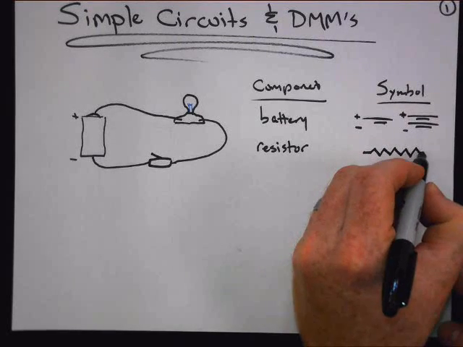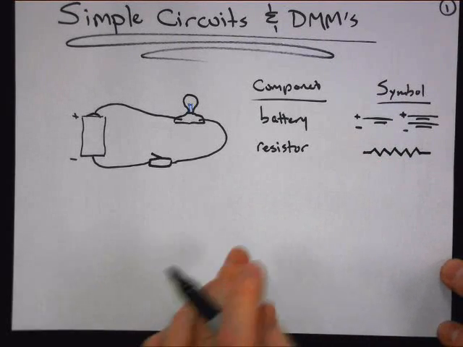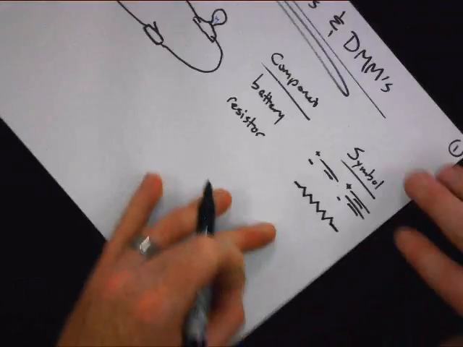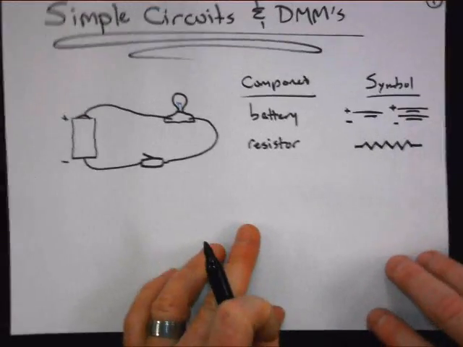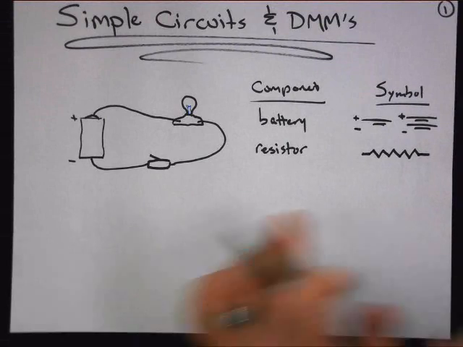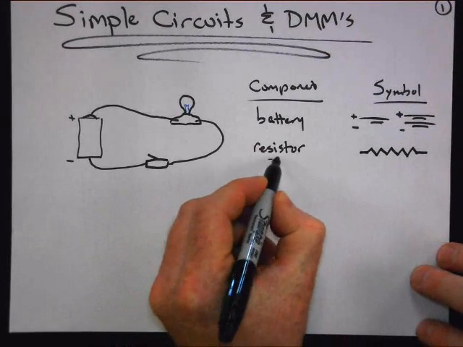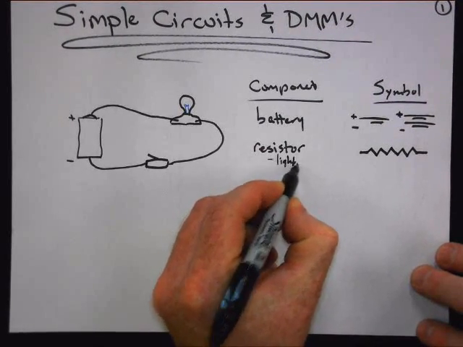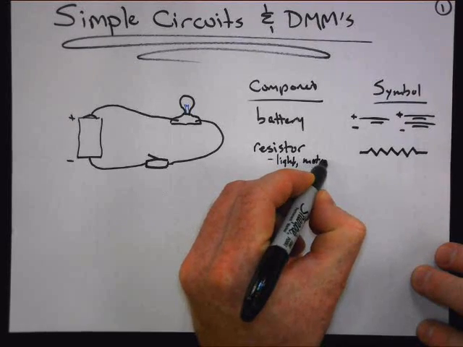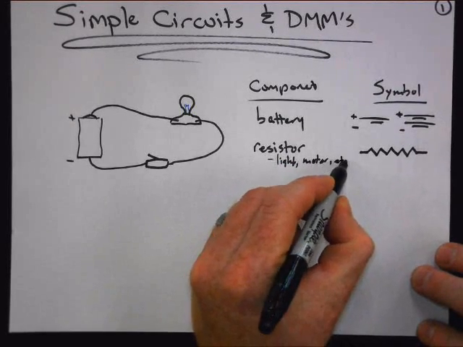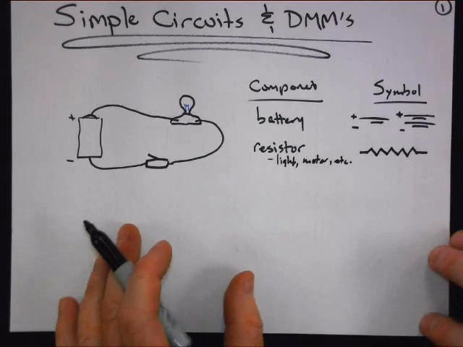Squiggly line, like that. And we can rotate it. We can draw it this way, or whatever we need to do. But that's a resistor. And remember, the resistor could be a light, could be a motor, etc. Anything like that.